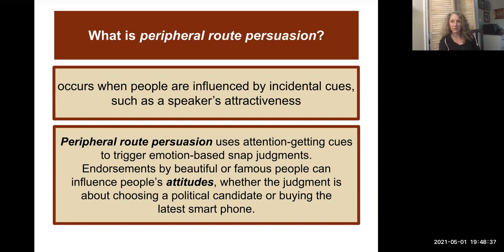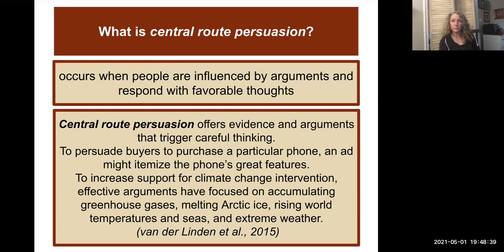It's like incidental cues. The central route of persuasion is when people are influenced by arguments and respond with favorable thoughts. So there's actual arguments or levels of evidence that are used to try to persuade. It offers evidence and arguments that trigger careful thinking to persuade buyers to purchase a particular phone.